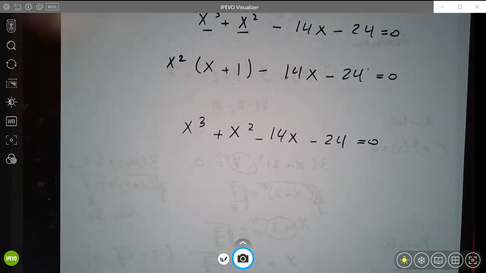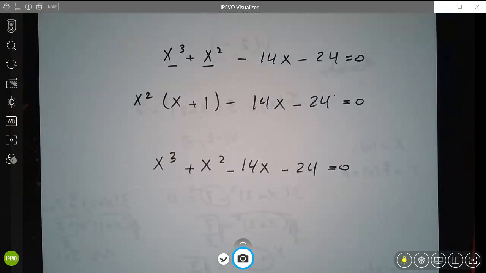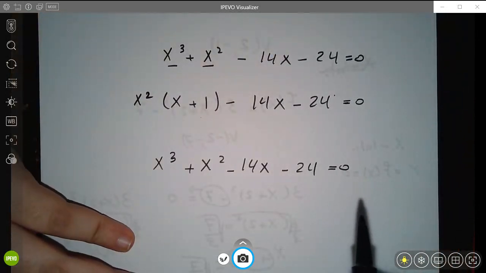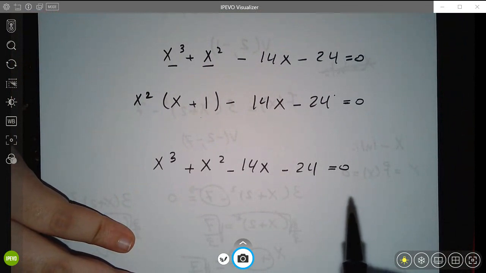Here's a fun fact. When you're solving polynomials, if it's quadratic, positive 24.